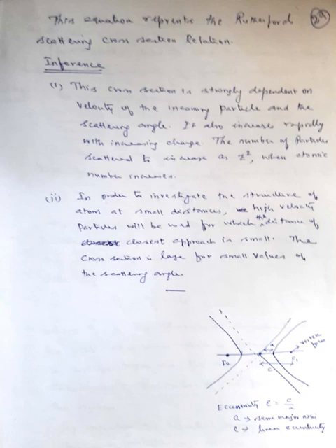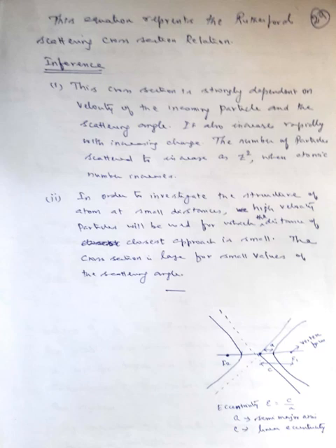Then, in order to investigate the structure of the atom at small distances, high velocity particles will be used, for which the distance of closest approach is small. As we already told, as the distance is small, scattering is more.